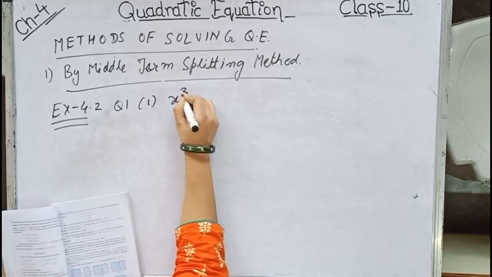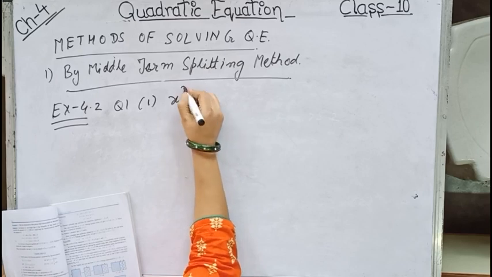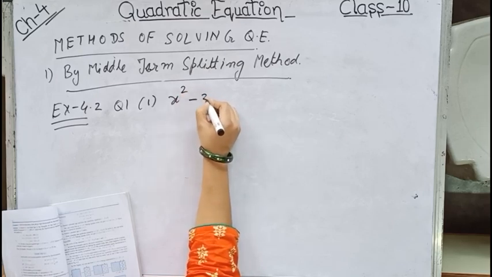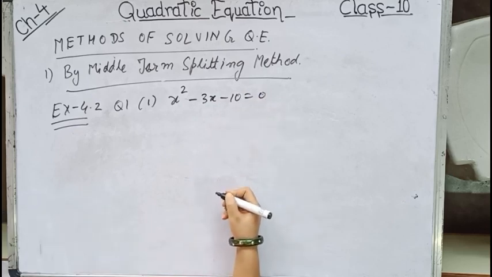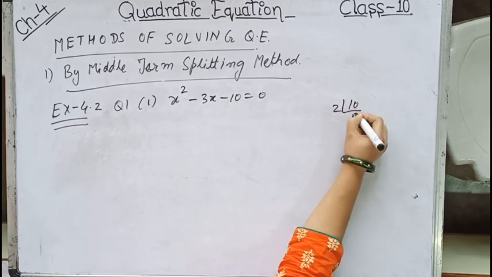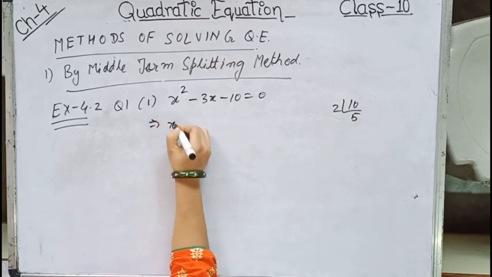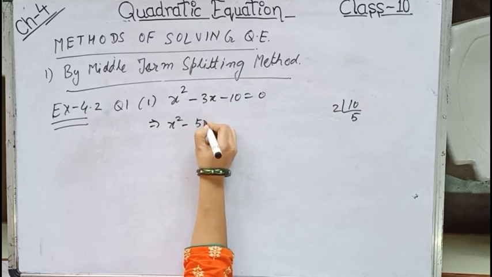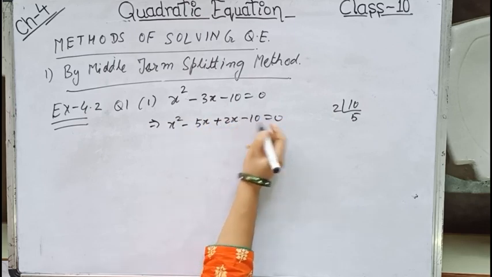So the question is x square minus 3x minus 10 equals to 0. So we will take the factors of 10. Factors of 10 are 2 and 5, 1 and 10 itself. So over here this implies x square minus 5x plus 2x minus 10 equals to 0.